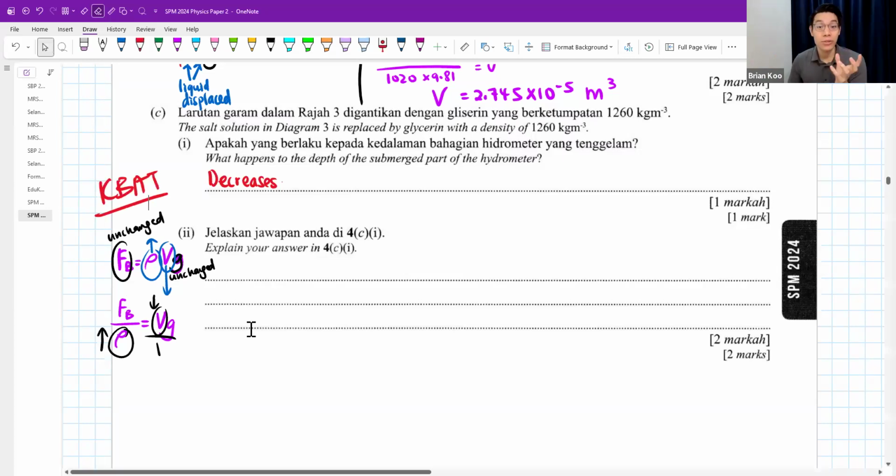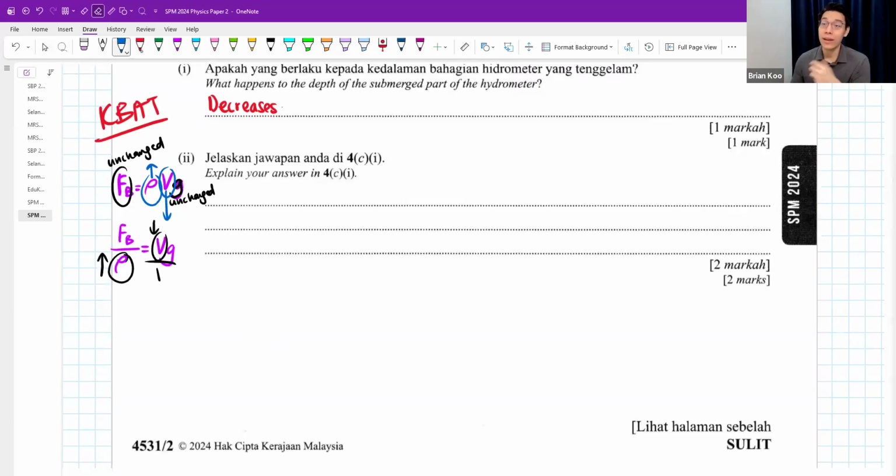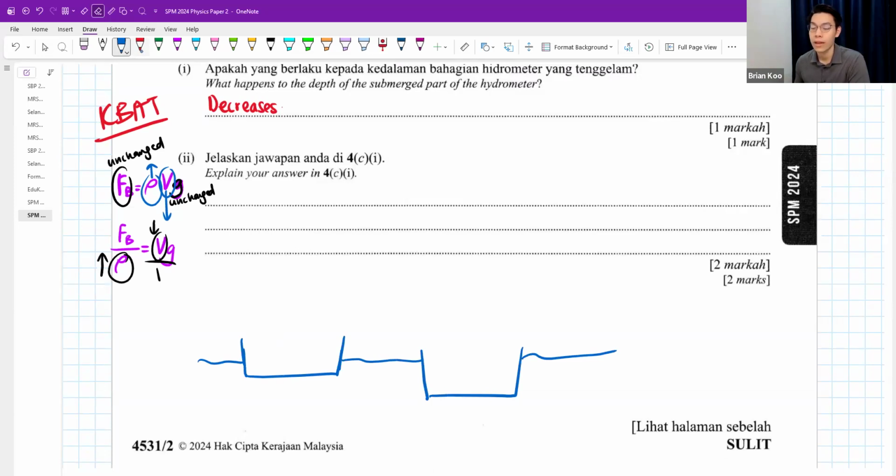Okay, because the hydrometer never changes weight, right? But you might be wondering, teacher, what about those questions where I got different weight of ship? Okay, let's say this one is 100 Newton.